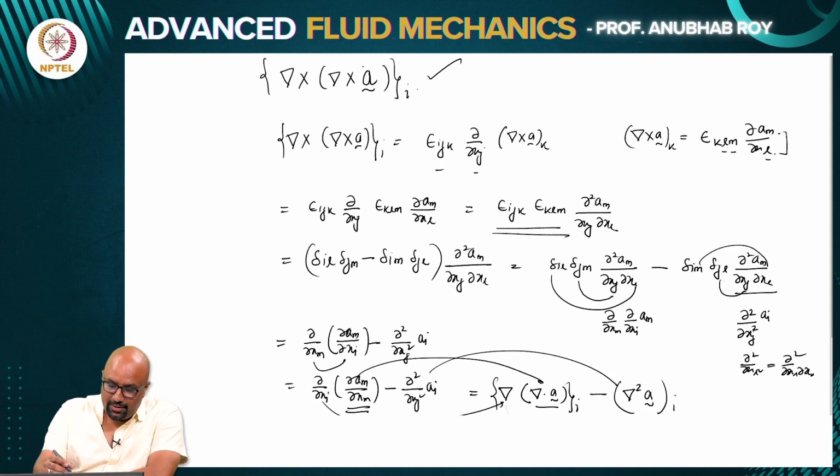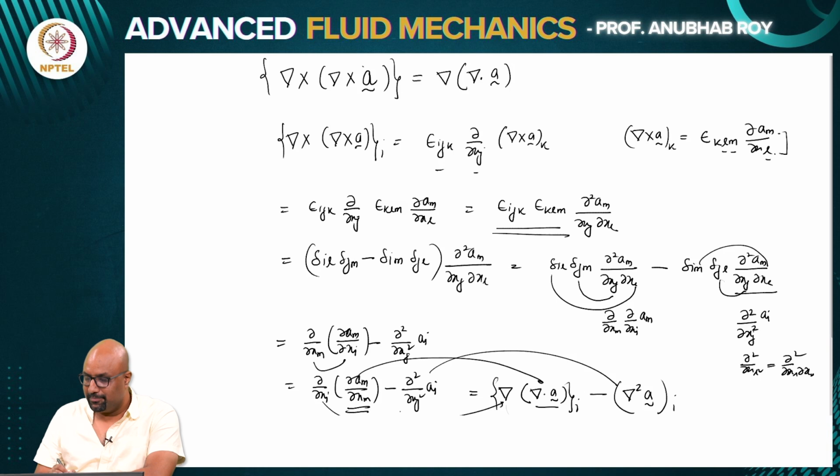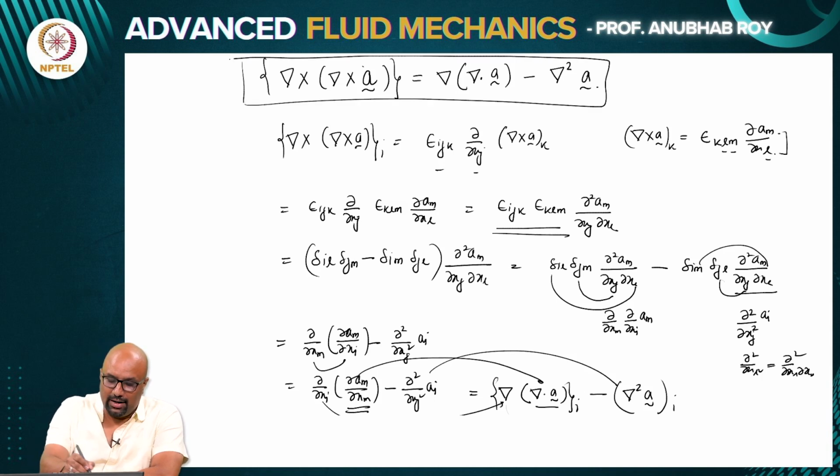So, finally, you have here curl of a curl is gradient of divergence of a vector minus Laplacian of a vector. So, this is something that is quite useful. We are able to establish an identity without actually having to look it up, just using index notation.